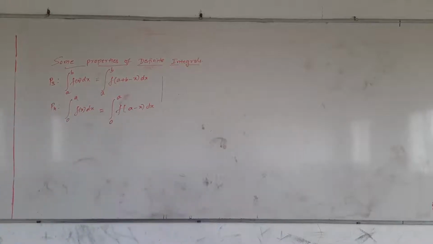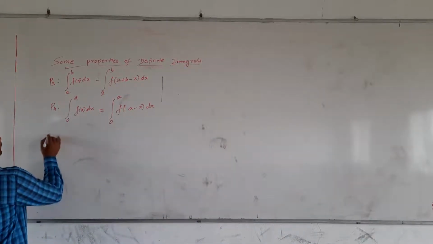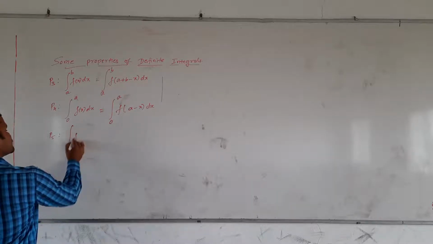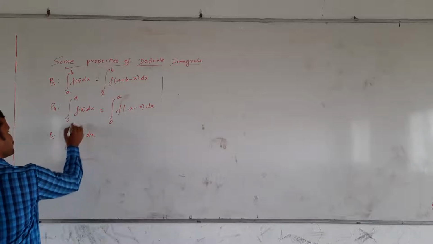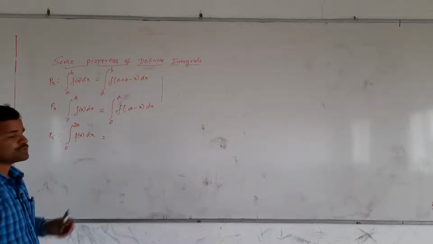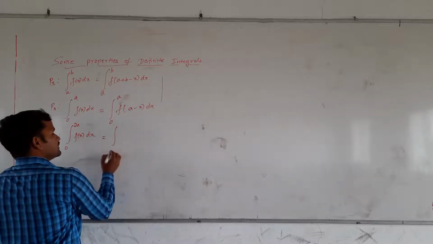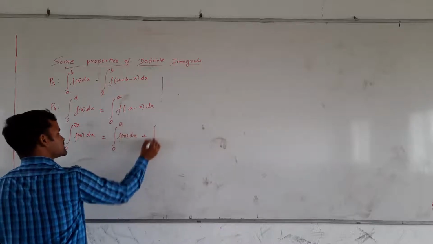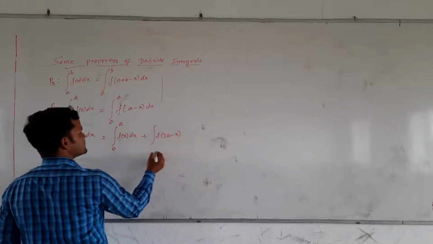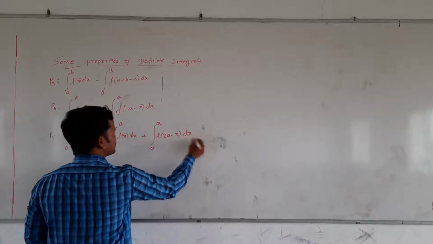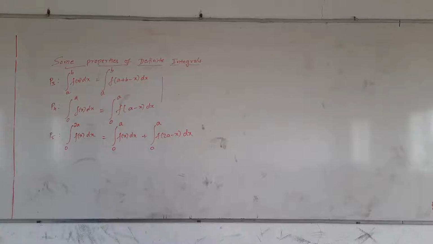Property P5: integration of f of x with respect to x from 0 to 2a is equal to integration of f of x with respect to x from 0 to a plus integration of f of 2a minus x from 0 to a into dx. This is the property given here.